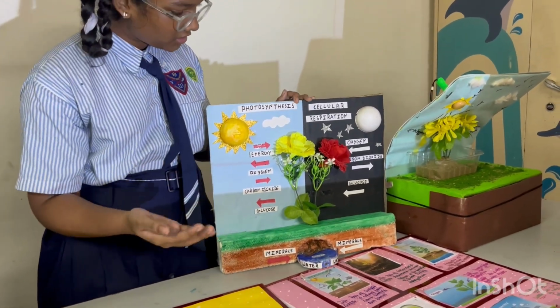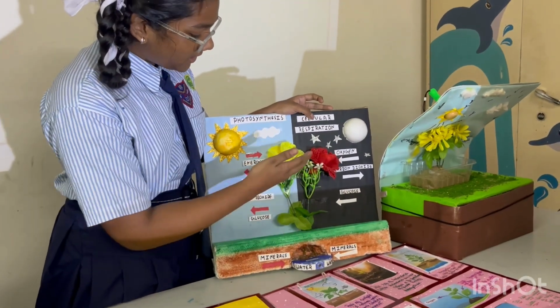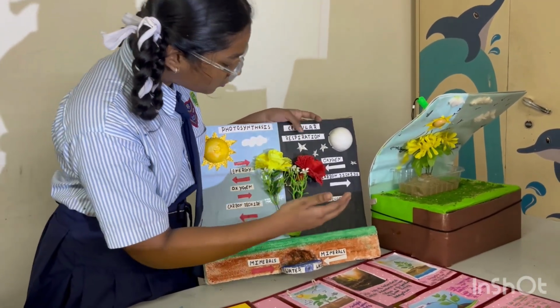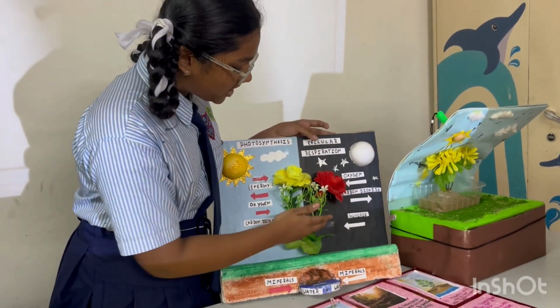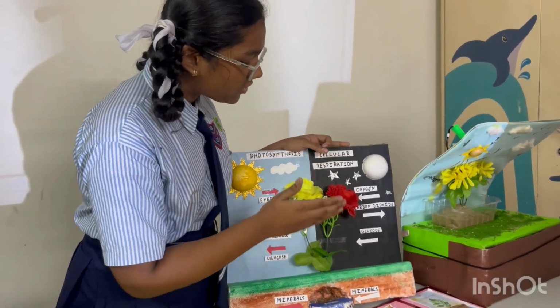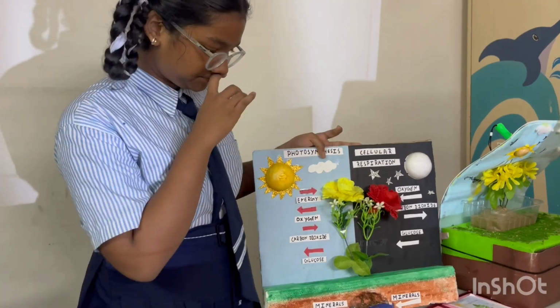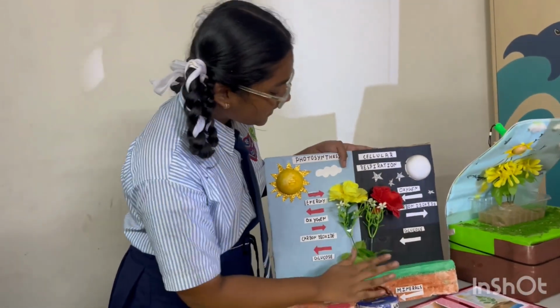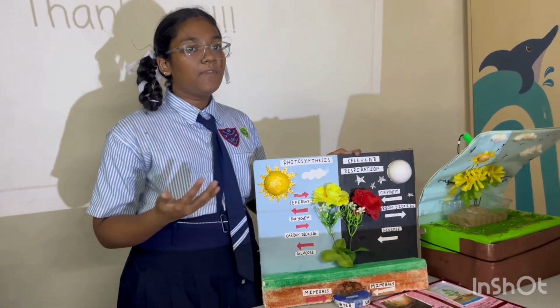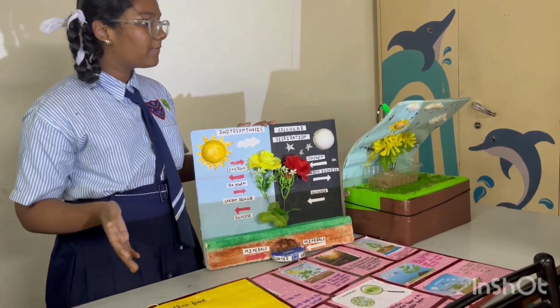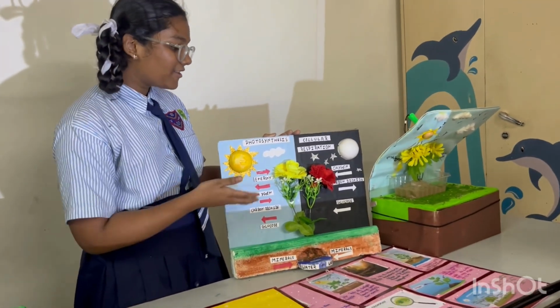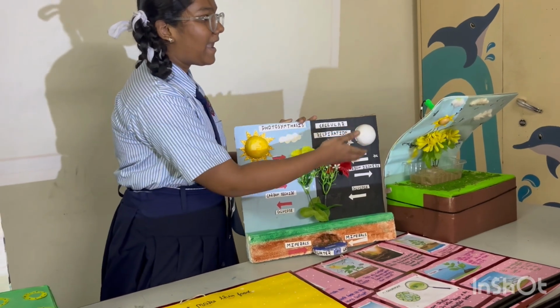And at night, plants break down glucose to produce carbon dioxide, water and energy. Thus, we can say that plants work in the day and rest at night. They produce energy in the day and use it at night.